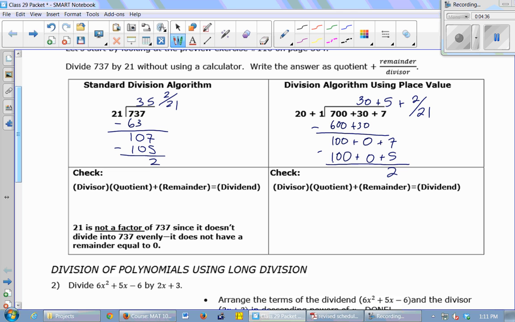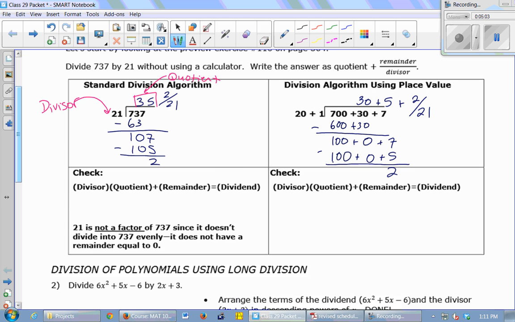All right, so to check your work of any division problem, you can multiply your divisor. So I should label these things. This is the divisor, right? The thing you're dividing by. The whole part of the answer is the quotient.